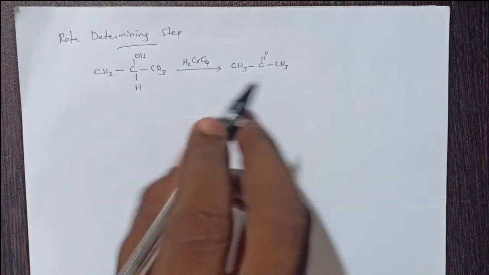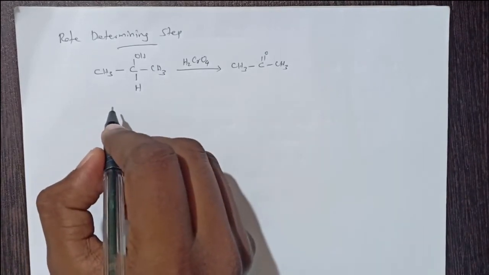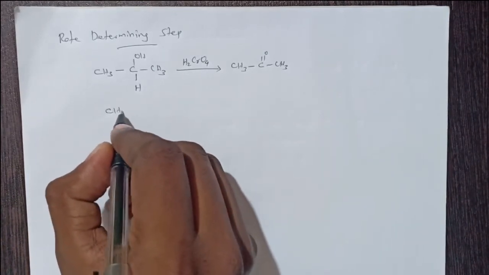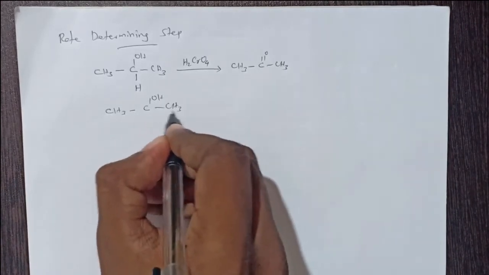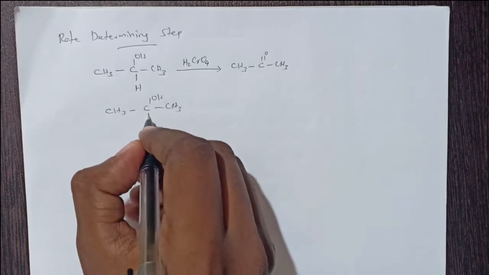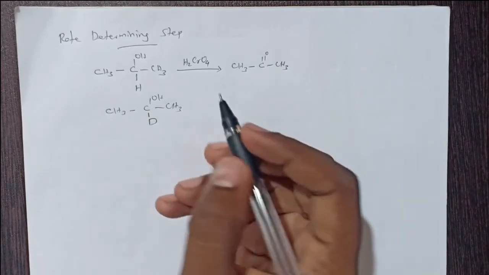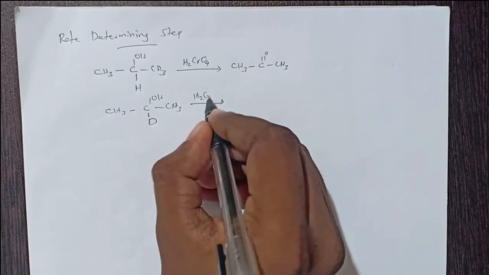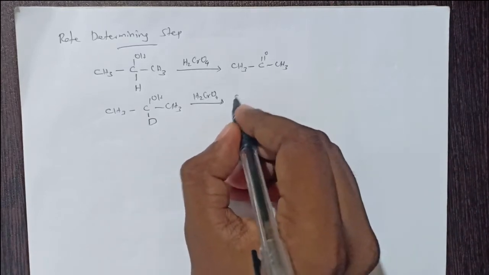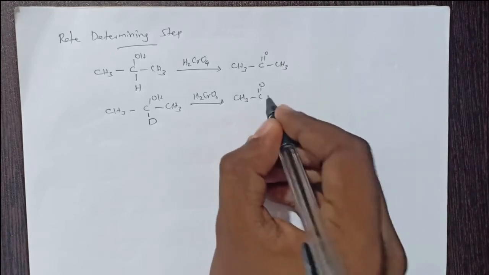Similarly, one isotopically labeled propan-2-ol is CH3-C(D)OH-CH3. This hydrogen is isotopically labeled by deuterium. This also undergoes chromic acid oxidation and gives the corresponding product.